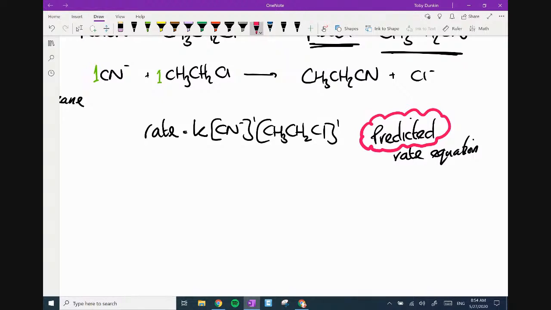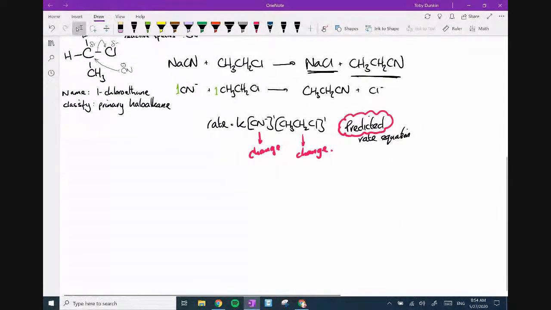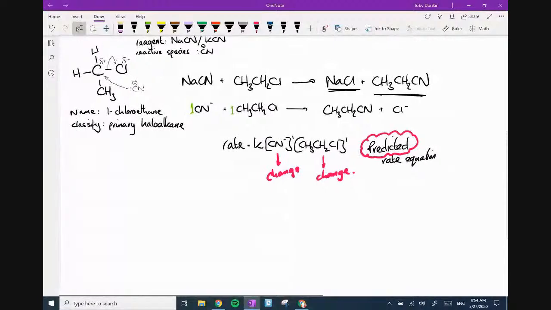We would have to do the experiments of changing these concentrations, changing this and this while keeping the others the same, to find out if this is true. It would be classed as a predicted rate equation.